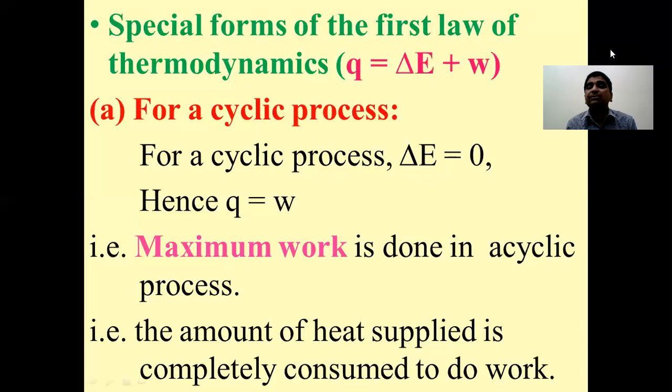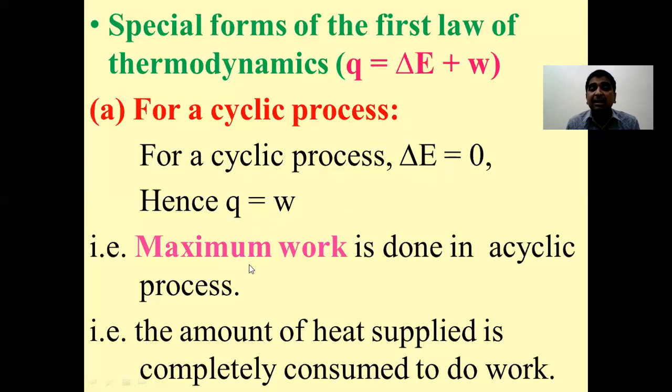And see what the first law of thermodynamics will become now. If this delta E term is 0 for the cyclic process, then Q will become W. Hence, for the cyclic process, Q is equal to W.